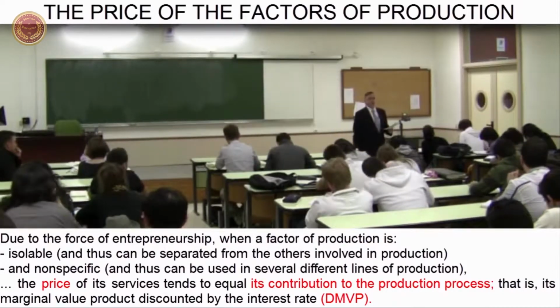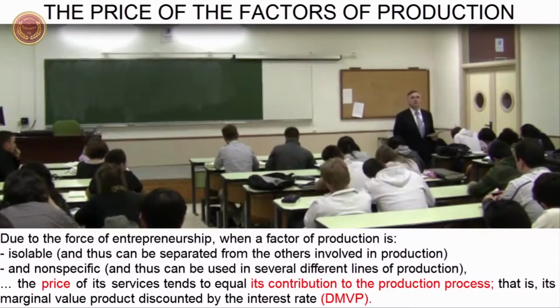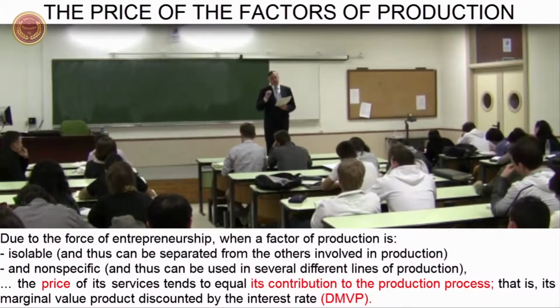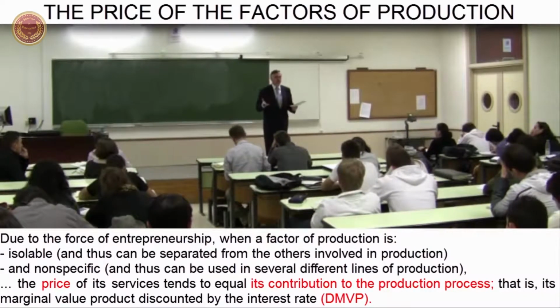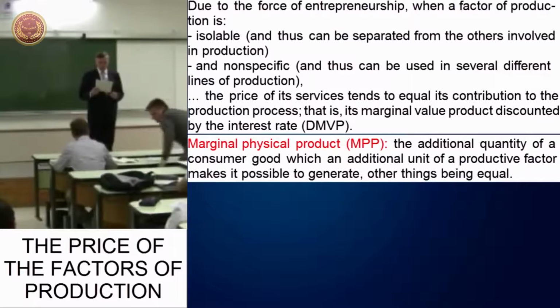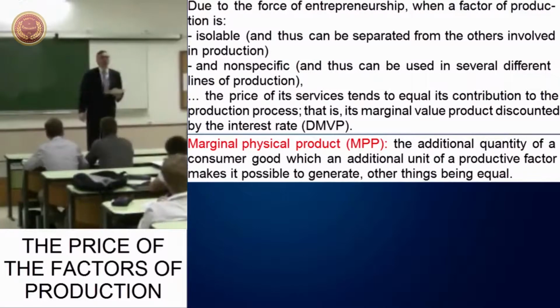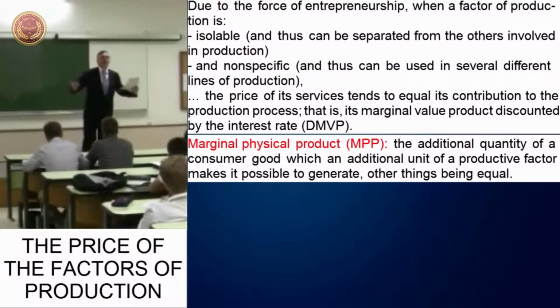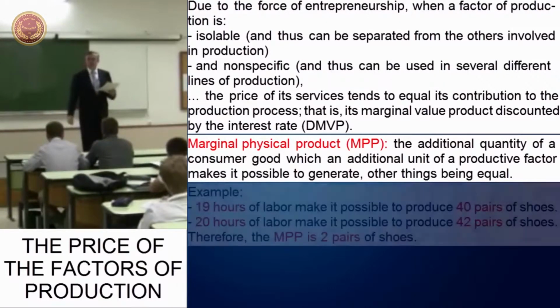To understand the discounted marginal value product, we will go step by step, and we will begin with the first. The first step is to understand what is meant by the term marginal physical product. The marginal physical product, MPP, is the additional quantity of a final consumer good that one additional or marginal unit of a productive factor makes it possible to generate.